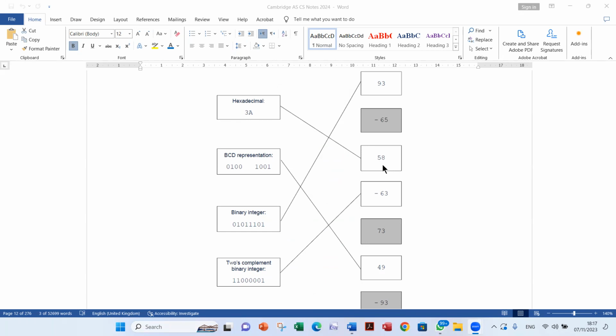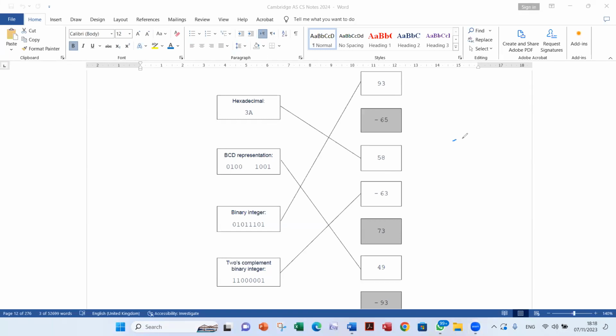Hexadecimal is base 16. So weights are 16 to the power of 0, 16 to the power of 1, 16 to the power of 2. So weights are 1, 16, 256. Fortunately here, we don't have 256. Let us do it by hand.